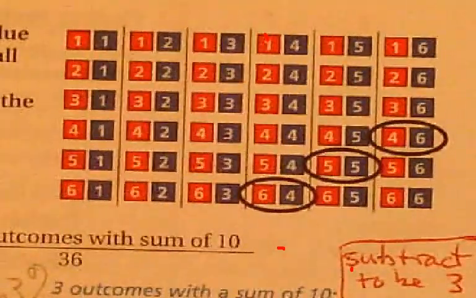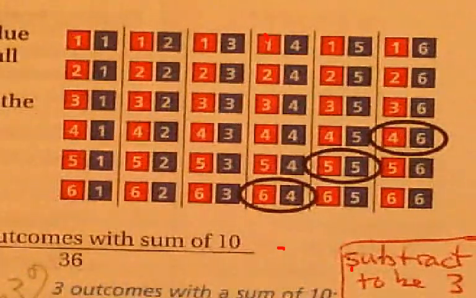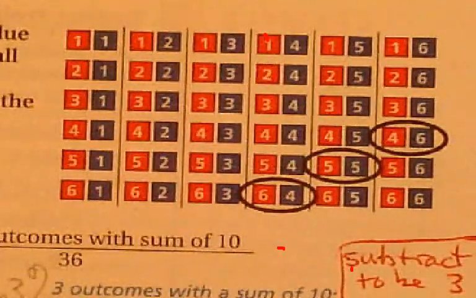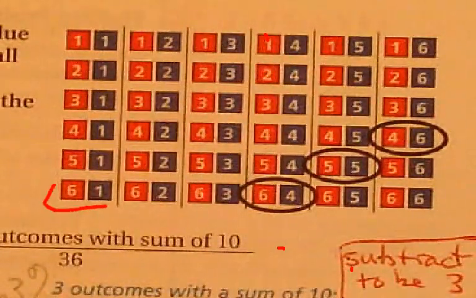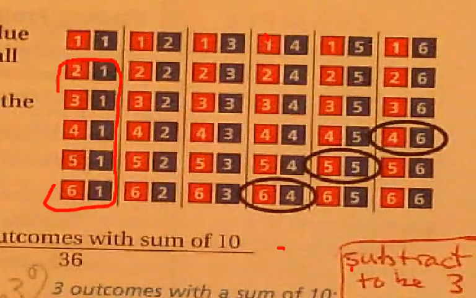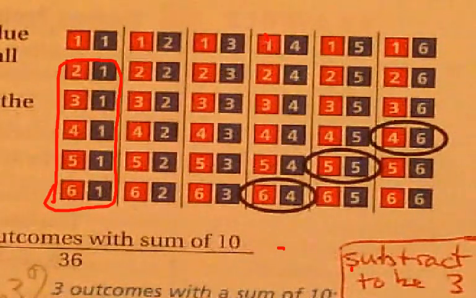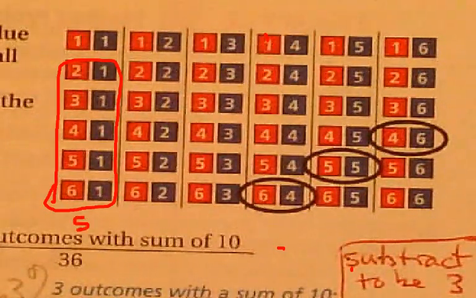Oh, look how beautiful that is. Okay, the red one's bigger here. 6 is bigger, 6 is bigger, 6 is bigger. So the red one's bigger all of those times: 1, 2, 3, 4, 5. So there's 5 times when the red one's bigger.